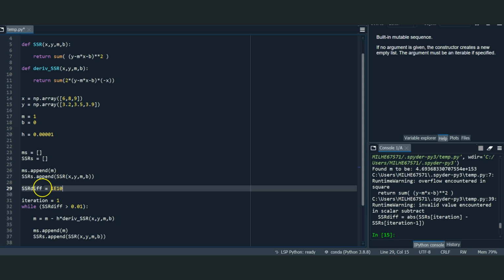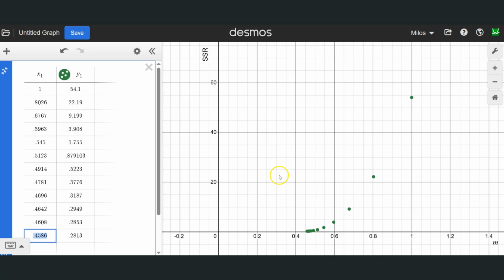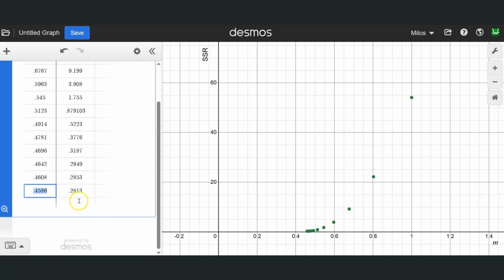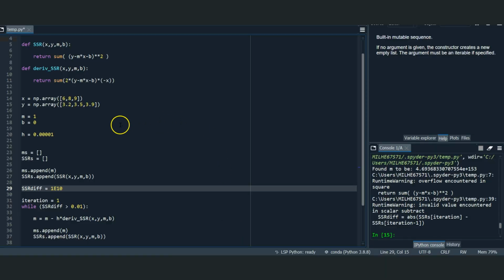All this will end up being is the difference between the SSR at the previous iteration, so like this SSR minus this one, and that will give me that difference of approximately 32 units. And so once that difference starts getting below 0.00001, then the algorithm will terminate and it will output the slope that we get.